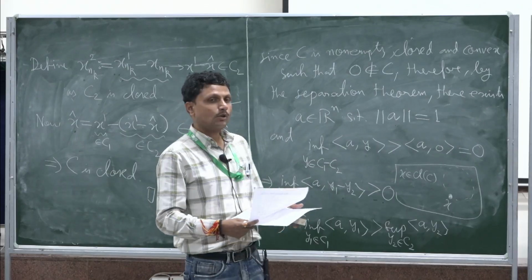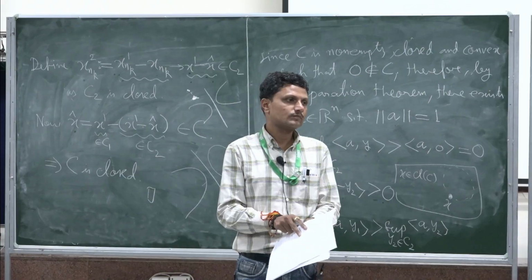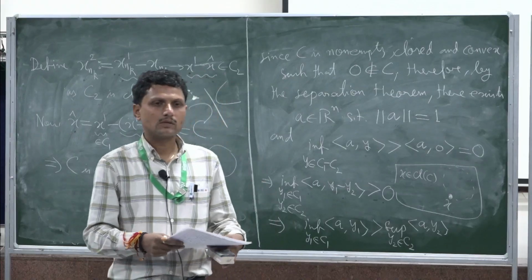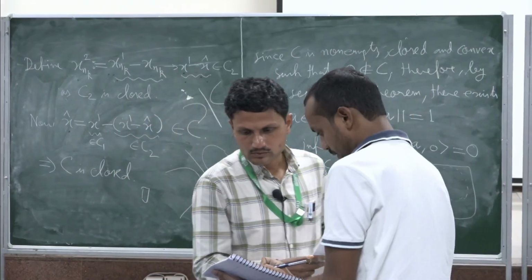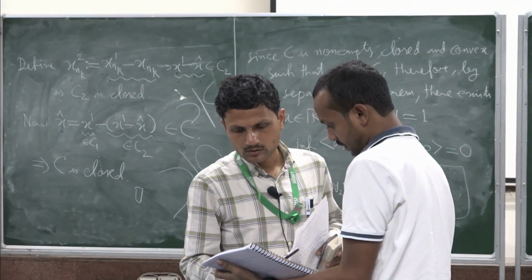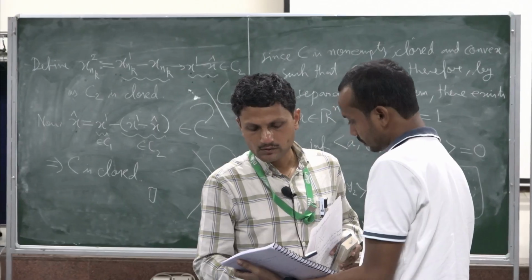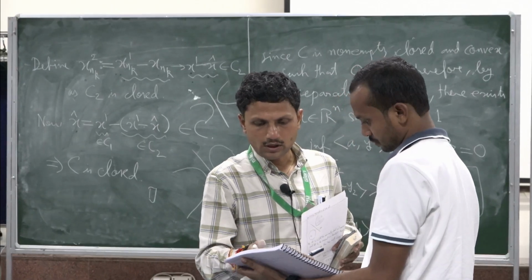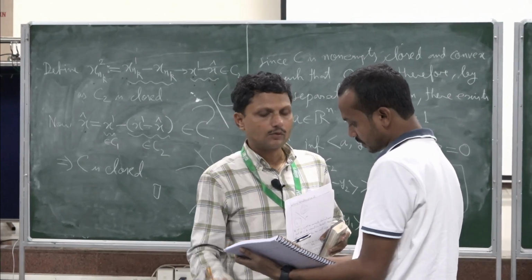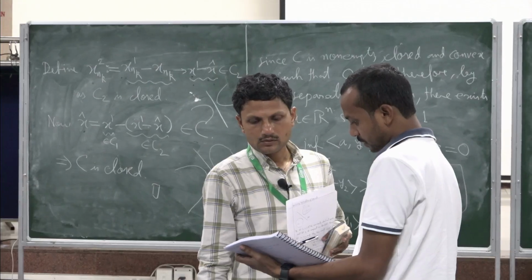So maybe we stop this time, and if you have any questions you can ask. In this case, we get a hyperplane to separate these two sets. But in this case, you cannot have this, right? Both these sets are convex, separate, but not strictly separate.